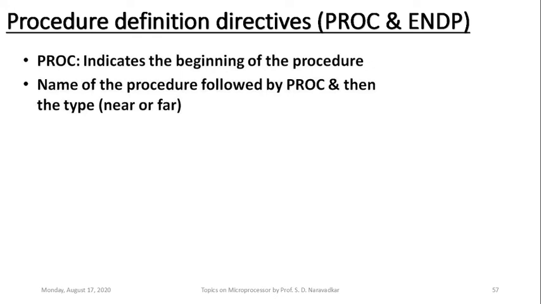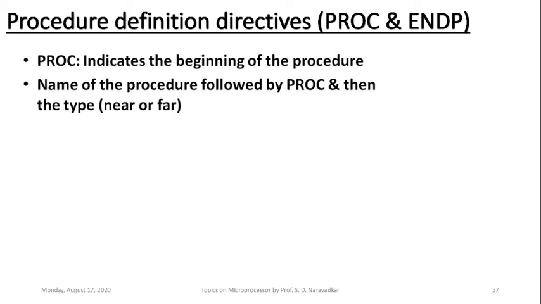A procedure is basically a subroutine, or it can even be a function, or it can simply be called a procedure here. Now in the procedure definition directives, the name of the procedure is followed by the keyword PROC, and then the type of that procedure is to be subsequently followed.